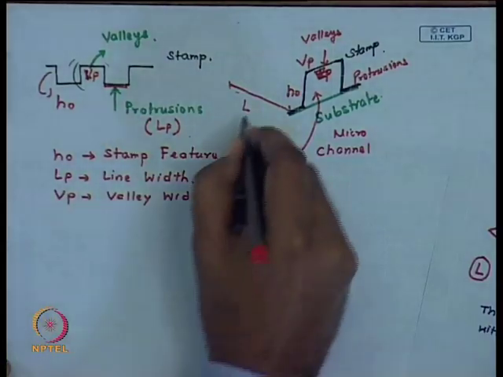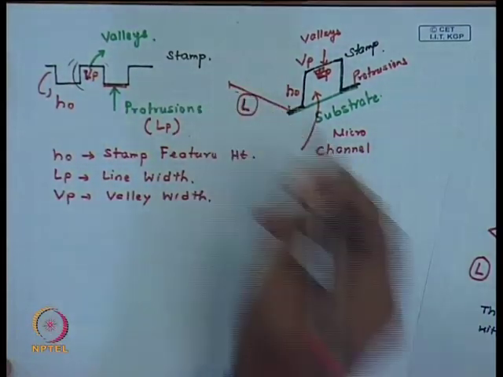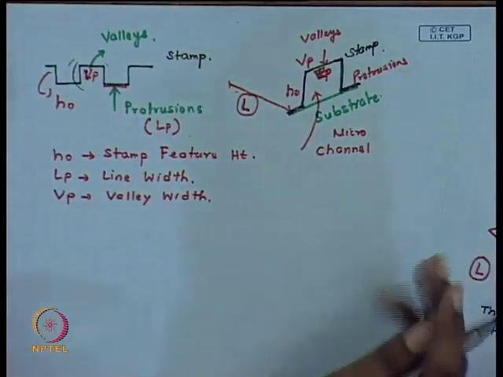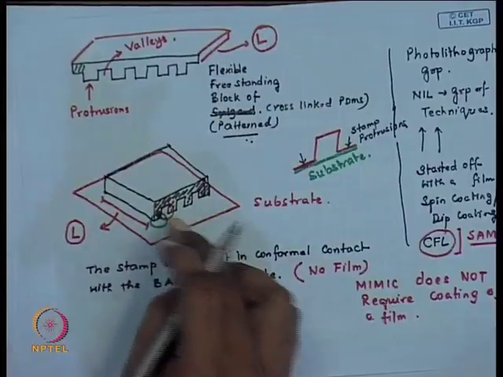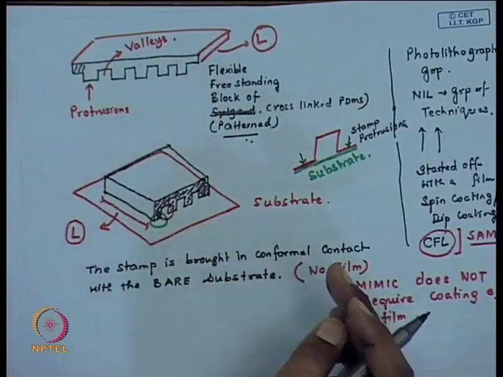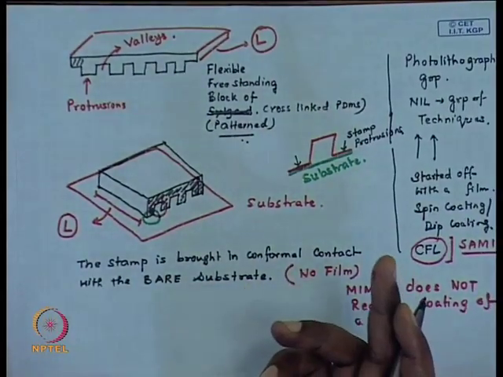And this L is the length of each channel, which is nothing but the length of the stamp, or it is limited by the size of the stamp. So, essentially by bringing this stamp in conformal contact with the substrate, you are making very long micro channels.